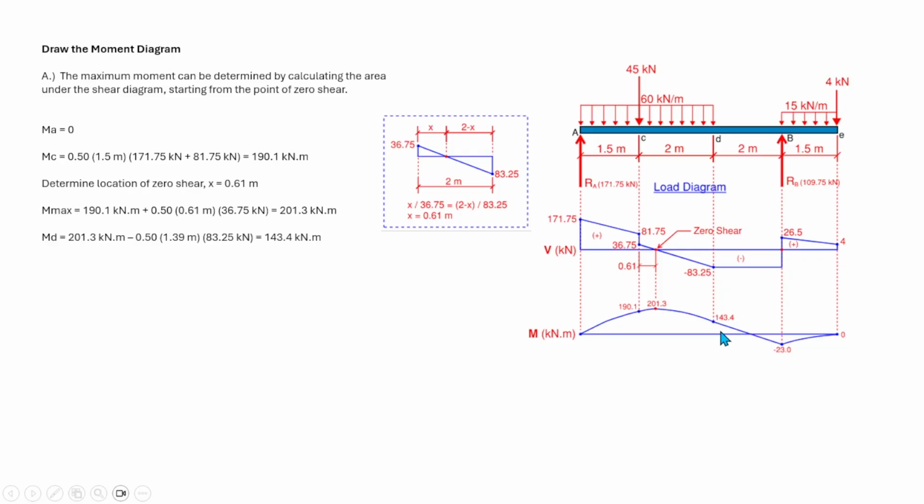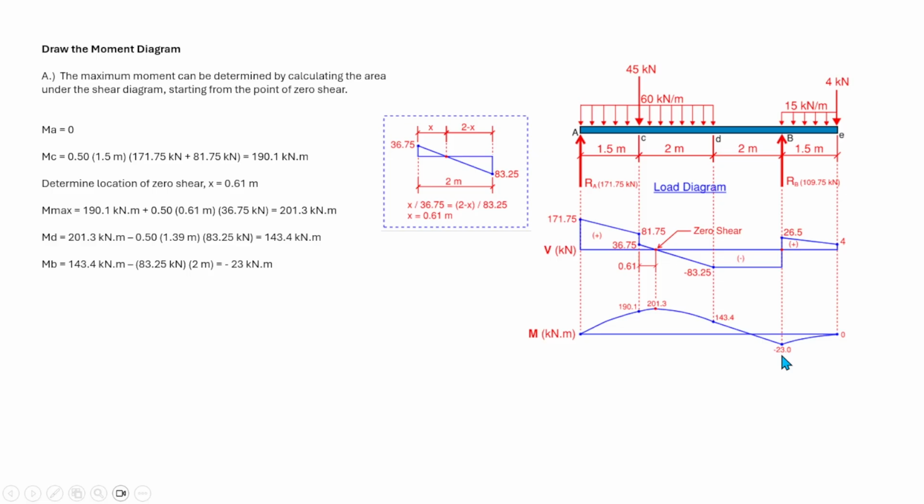Now to calculate the moment at point B, that is equal to 143.4 plus the area between D and B. So 143.4 minus the area between D and B, 83.25 times 2, that is the 2 meters length, and that is equal to negative 23.